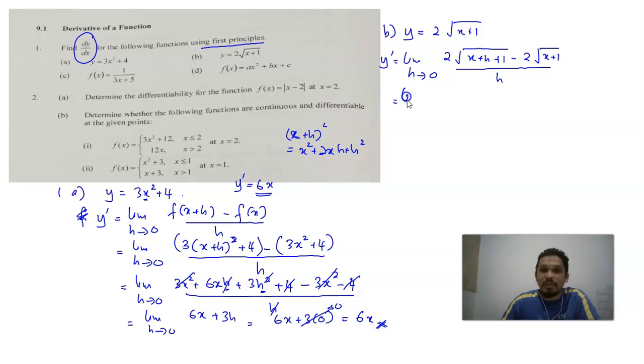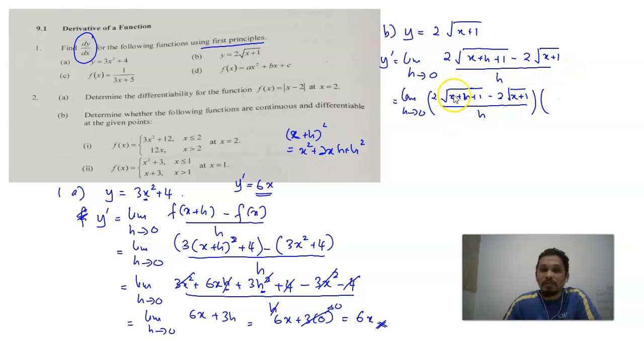So what can we do here now is 2 square root of x plus h plus 1 minus 2 square root of x plus 1, divided by h.